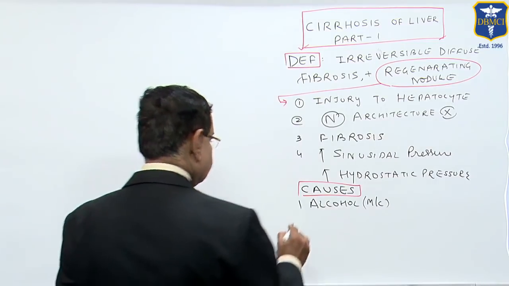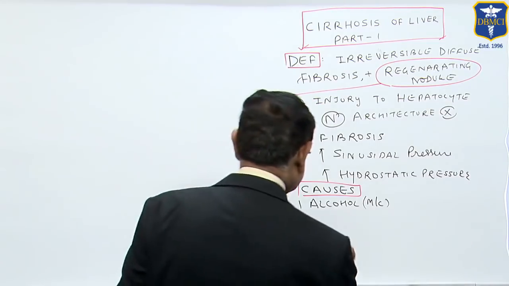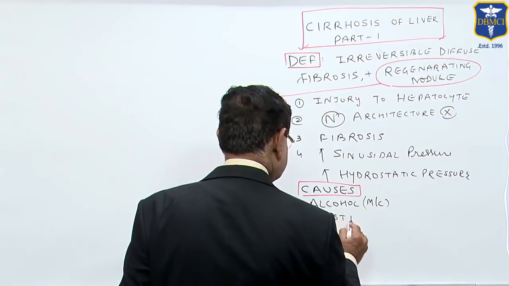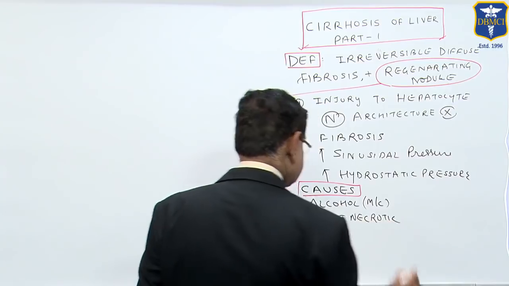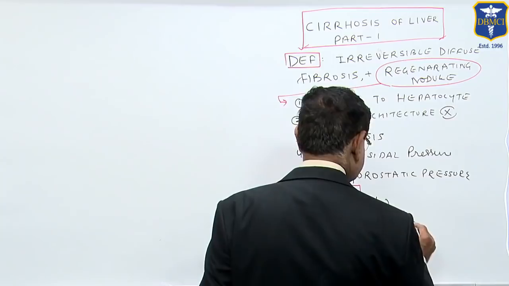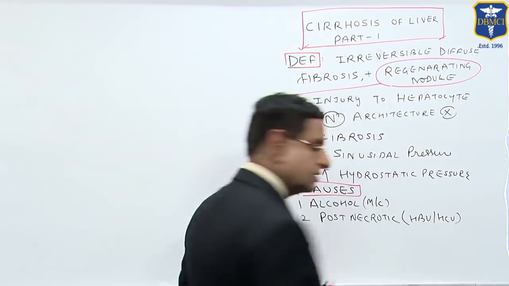But in some eastern parts of the world, post necrotic cirrhosis is the most common cause, and this is due to hepatitis B and hepatitis C virus infection.